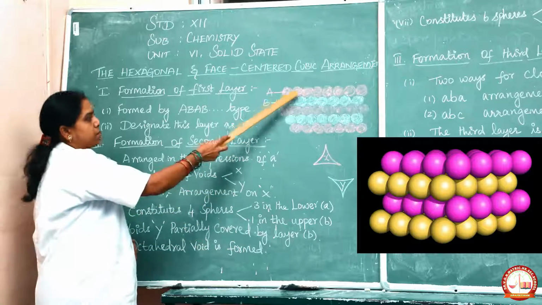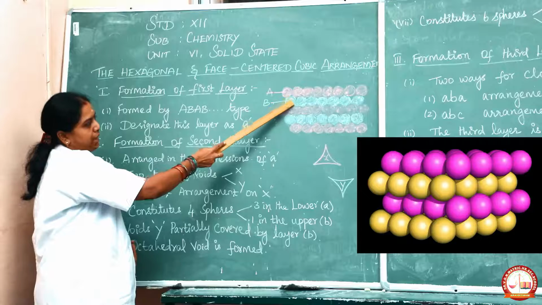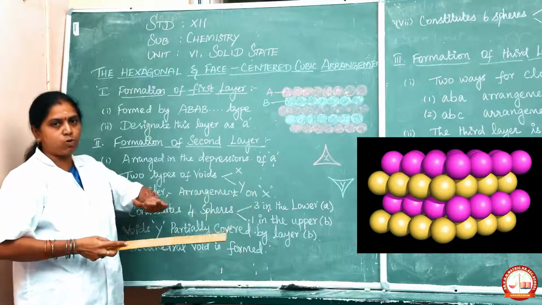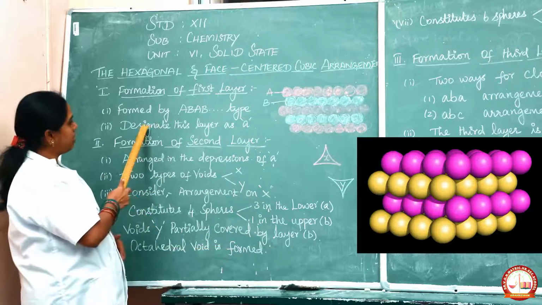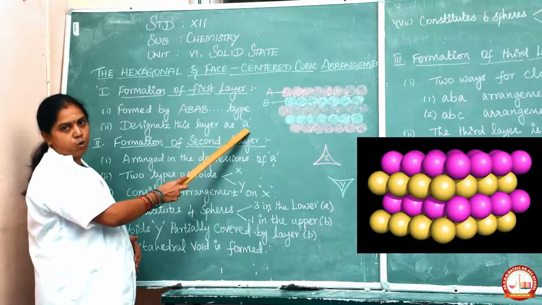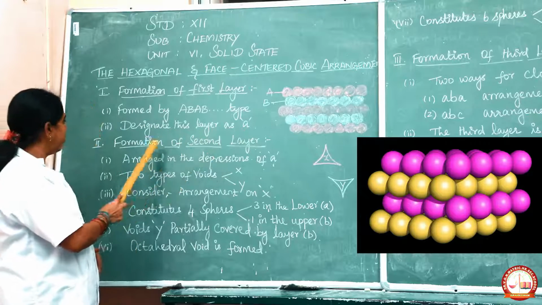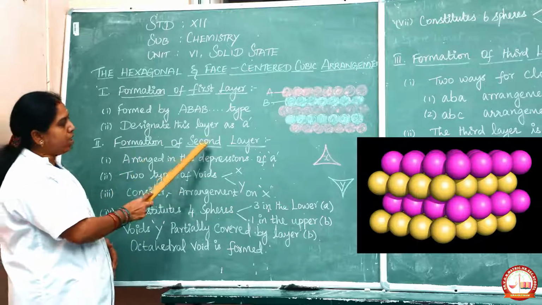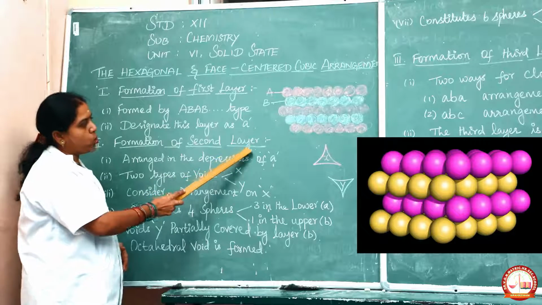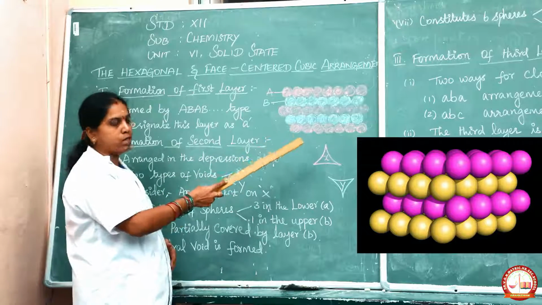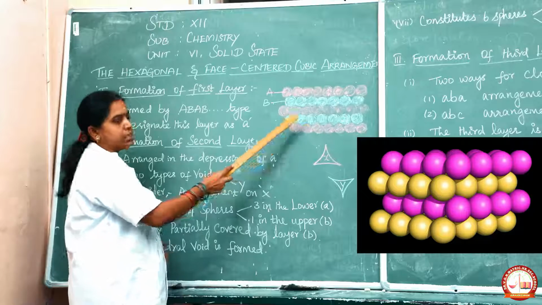Now this has been packed and can be treated as the first layer, so we can keep it in a horizontal way, and this first layer is designated as small a. Next, the formation of the second layer, which is based on the voids or holes formed in the first layer.